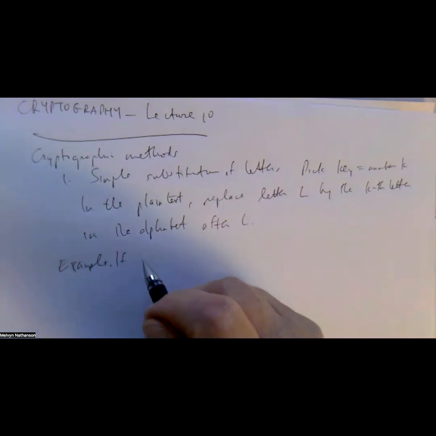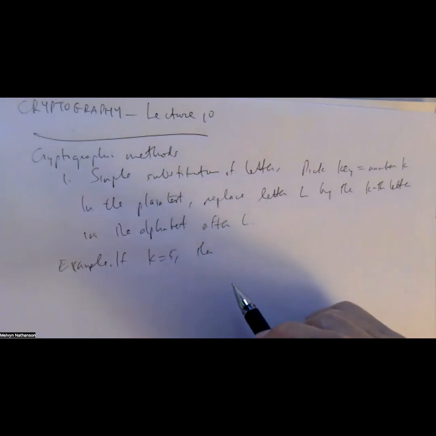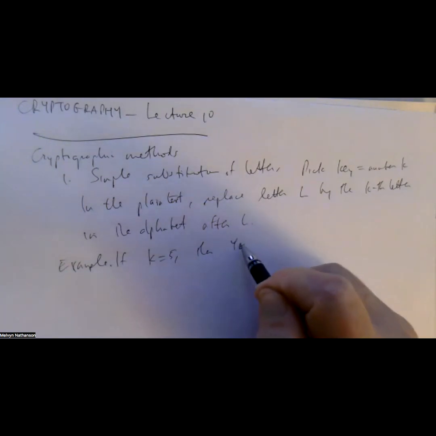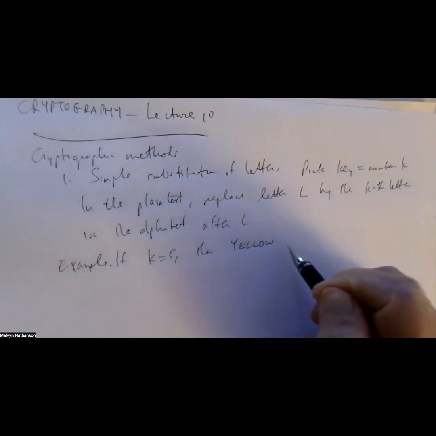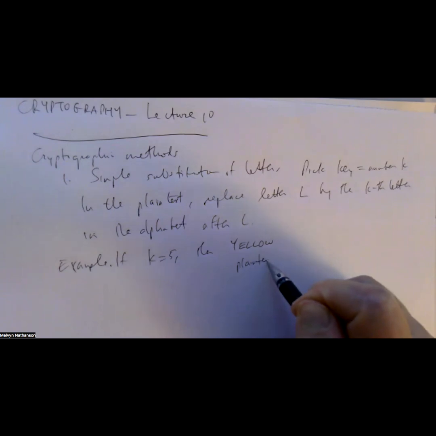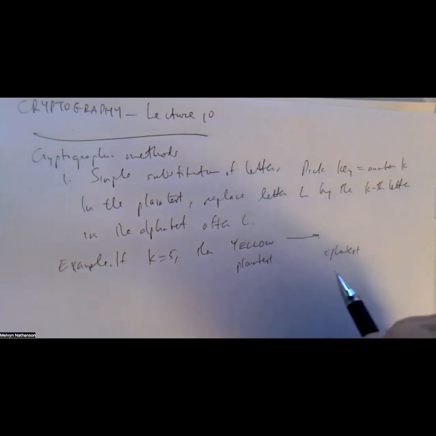So for example, if we pick K equal to 5, then if we take a word like yellow, this is my plain text, this gets converted to what in the ciphertext?